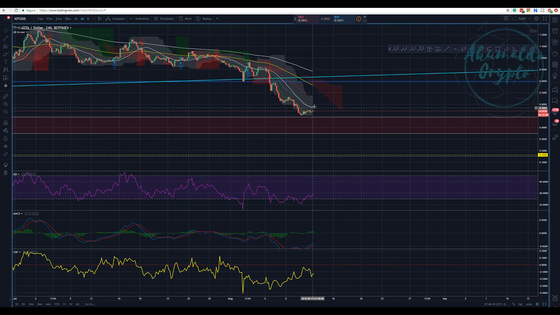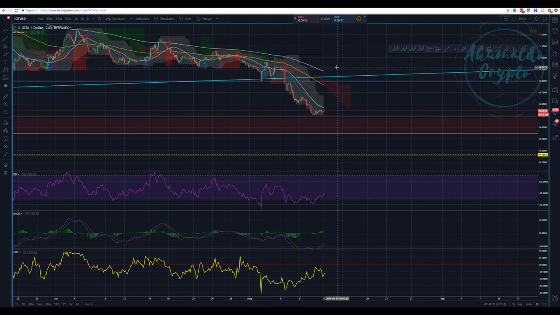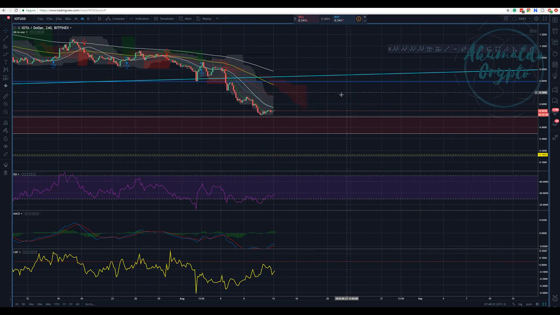If we break through it, it would be a bullish momentum for this particular time. That wouldn't mean that we're gonna turn bullish. No, guys, no.